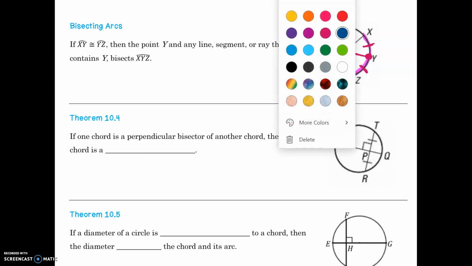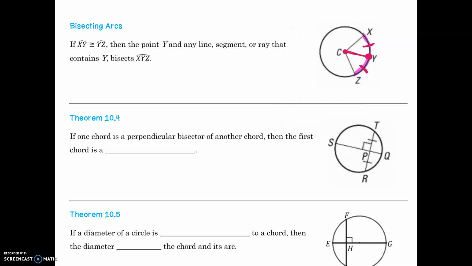If one chord is a perpendicular bisector of another chord, then the first chord is a diameter. So here we have QS is a perpendicular bisector of TR, so we can say that QS is a diameter of the circle.